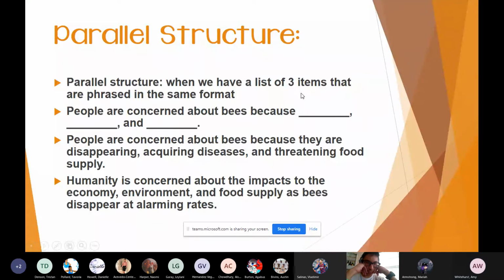Again, what we really want to focus on is that the phrasing of your reasons is in the same format. So one thing that can help is to think to end each beginning word with the same suffix. I'll say that again so that you can write it on your notes paper. We should end each beginning word with the same suffix.